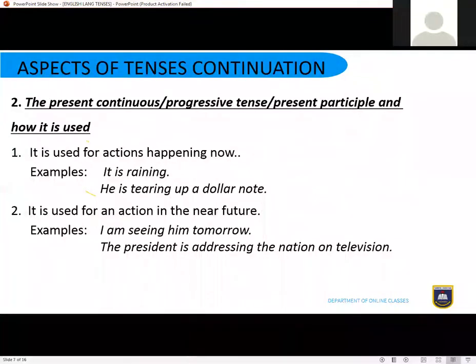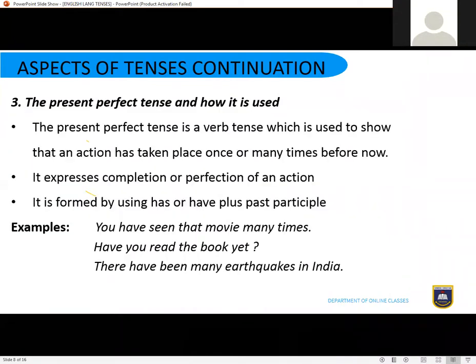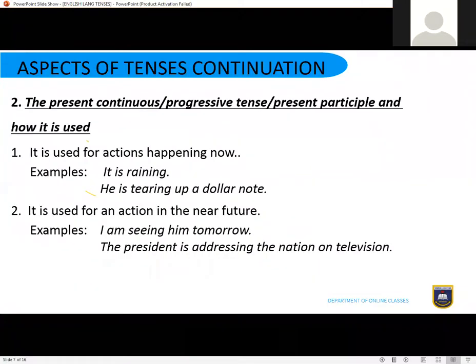Madam, please, we want point four, three. Present perfect. The slide after. Yeah, this one. Okay.